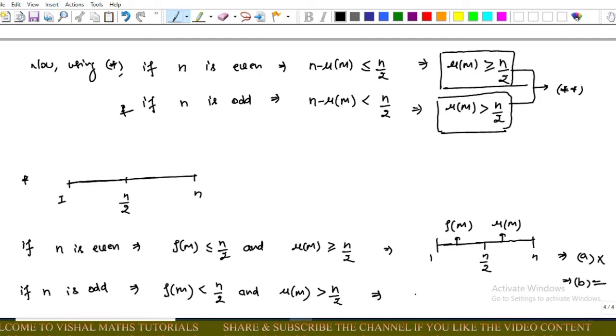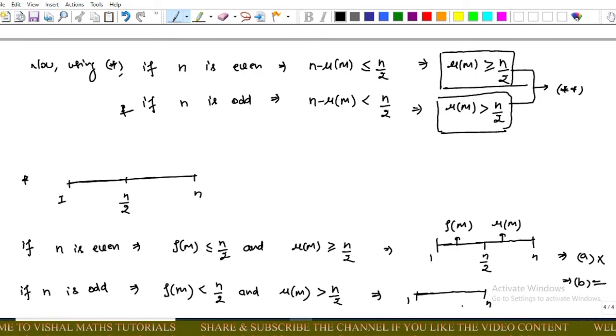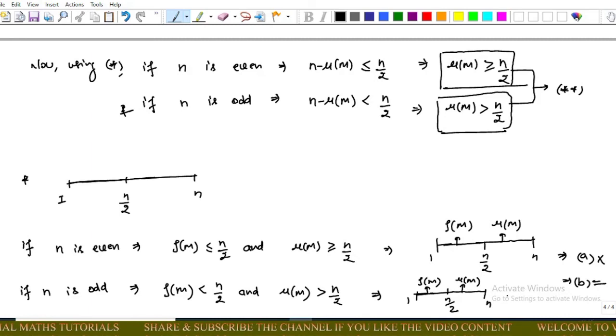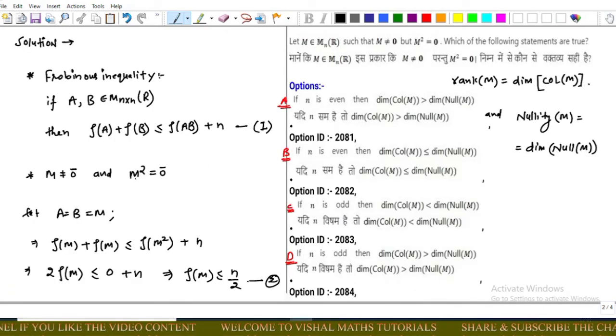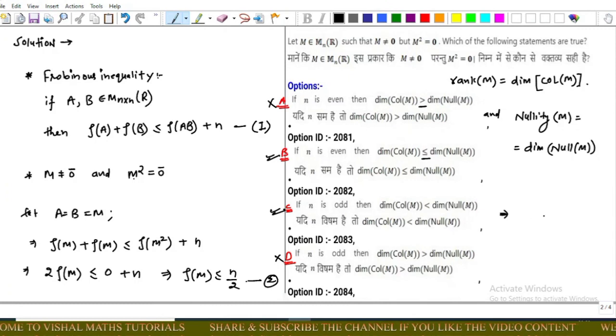This implies that for this segment 1 to n, this is a portion of nullity of M, and this is a portion of rank of M. This implies that option C is correct and option D is incorrect. That is, options B and C are correct.